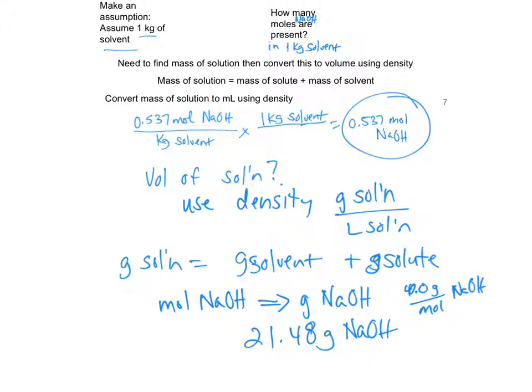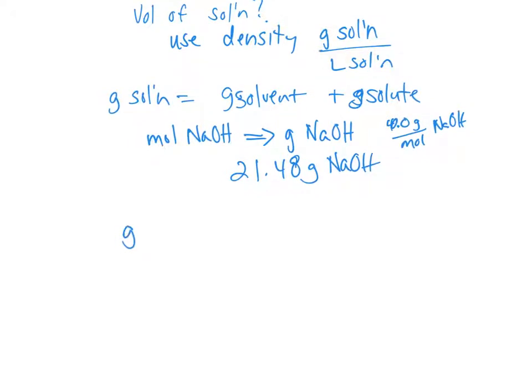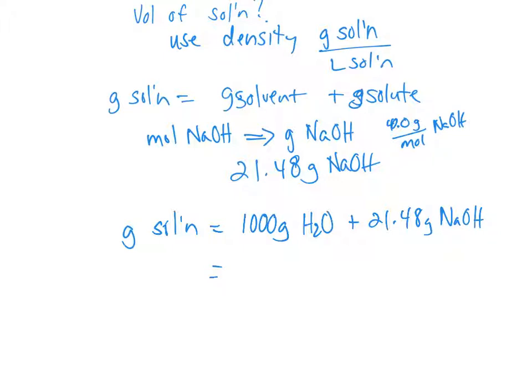Which means we know our solvent mass now. So the grams of solution: I said we had 1 kilogram, so that's 1,000 grams of water solvent, plus the 21.48 grams of sodium hydroxide, which gives us 1,021.48 grams of solution. I'm leaving it here with all these sig figs because I'm still working the problem.